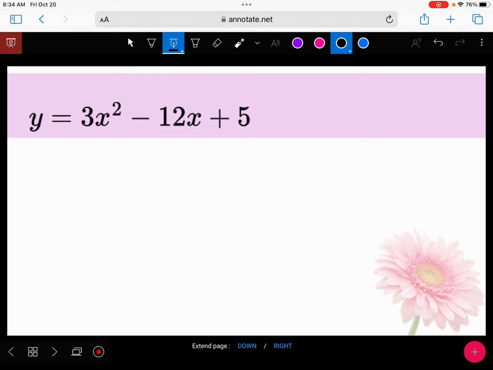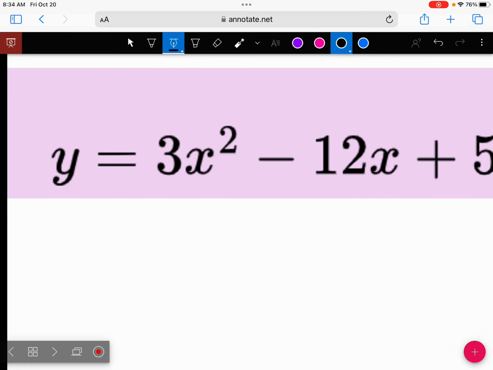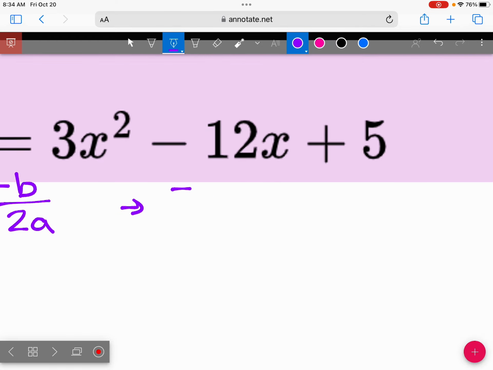So when your a is not 1, I do recommend doing our vertex form, where we're going to find our x value for our vertex using our axis of symmetry, which is the opposite of b over 2a. So we're going to have the opposite of, what's our b value? Negative 12 over 2 times our a, which is what? 3.